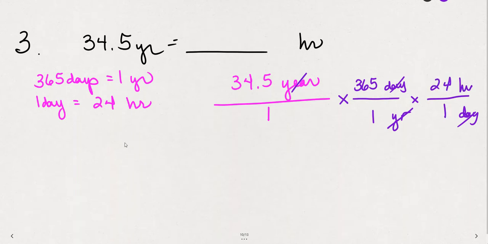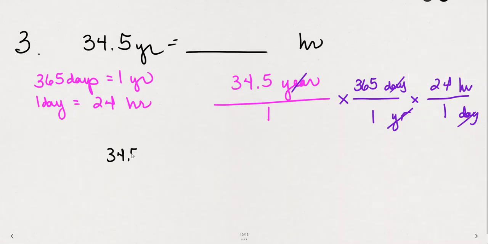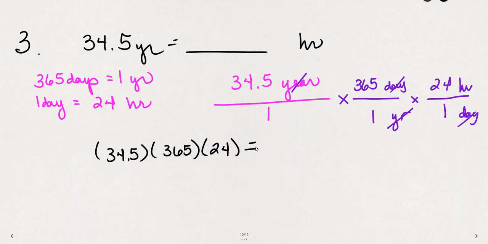So it looks like what I'm going to do here is multiply 34 and 5/10 times 365 times 24. And I know you may be looking at that thinking, well, I didn't really need unit fractions to just understand that that's what I was going to do.